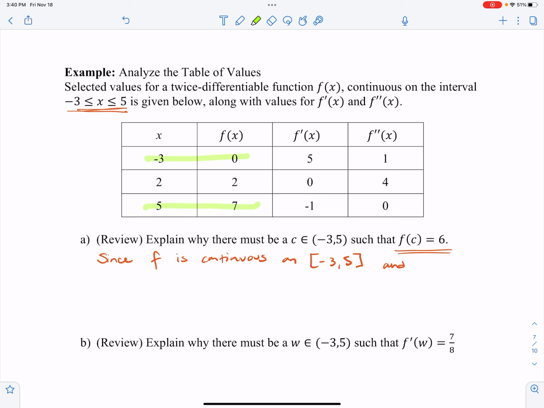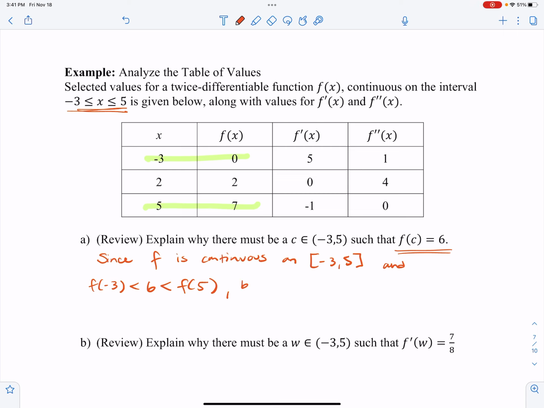So we said since f is continuous on -3 to 5, and you have to state the inequality, f of -3 is less than 6, and 6 is less than f of 5.